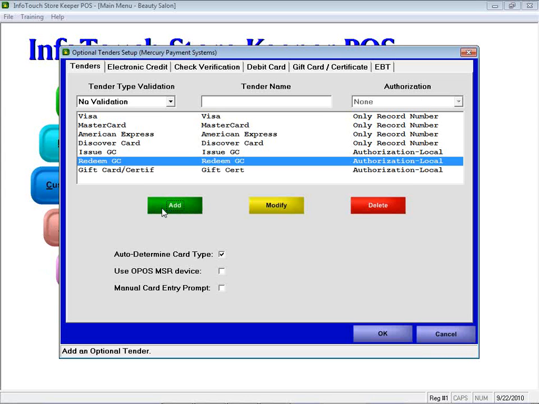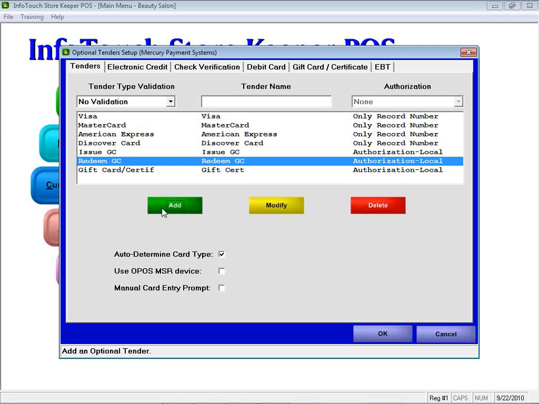Most people actually use the 2 separate tender types, and the reason has to do with the way it rings up at the point of sale, and the way you balance things on the shift reports. When you use one tender type, issuing gift certificates comes out as a negative number. We have to have some way of distinguishing the fact that it's been issued versus the fact that it's been received.